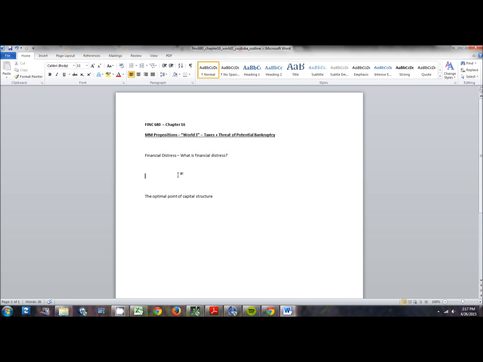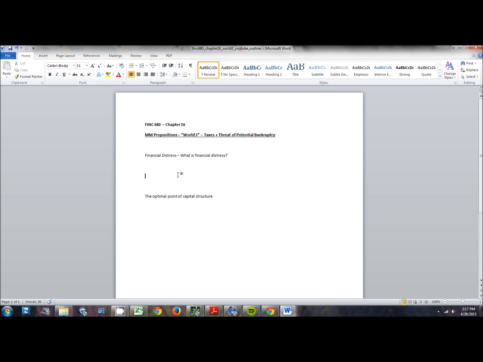And then at some point, the firm value or the cost of capital curve actually changes direction. So in the case of the firm value, it peaks and then it starts to decrease if the firm tries to take on more debt. Or in regards to the cost of capital, it bottoms out and then it starts to increase if the firm takes on more debt.